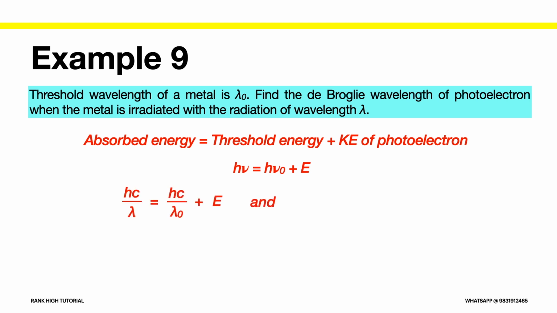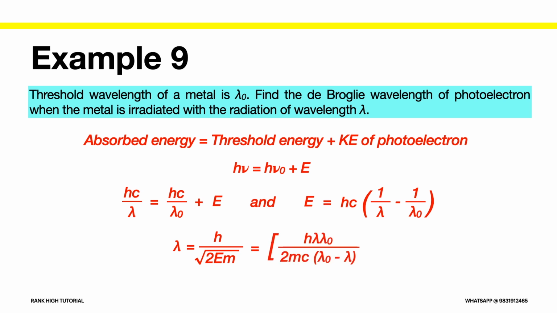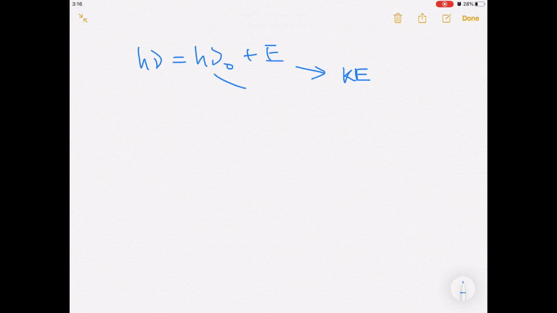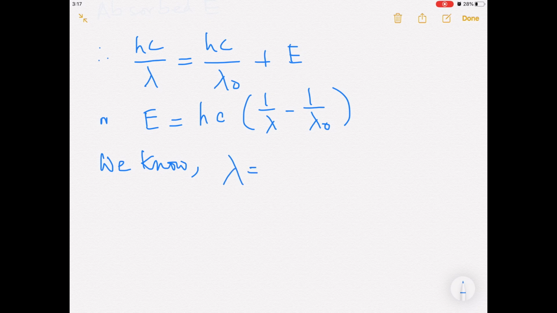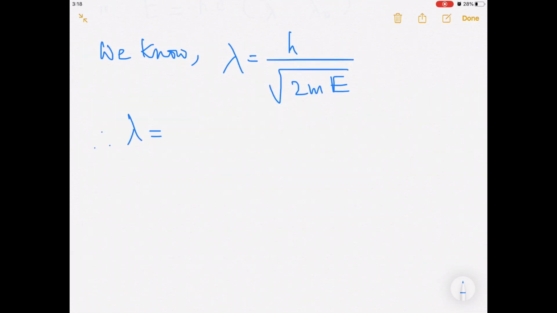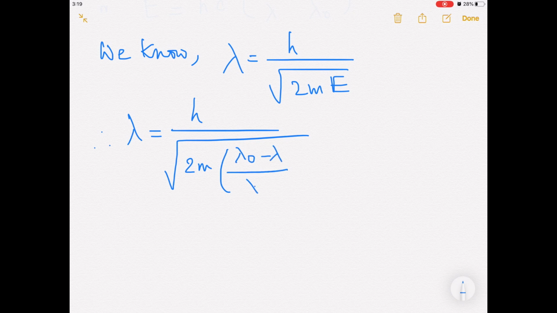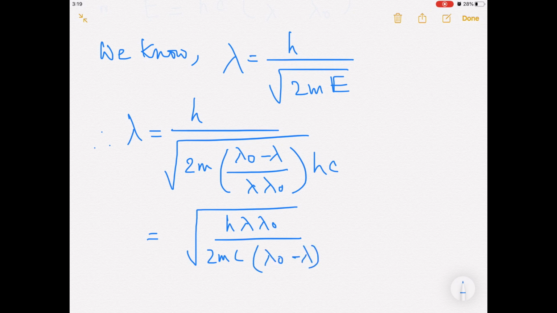That is h nu = h nu0 + E. After rearranging and putting the value of nu, we get hc/lambda = hc/lambda0 + E. From this equation, we get the value of energy, that is E = hc(1/lambda - 1/lambda0). If we put the value of kinetic energy into the de Broglie equation, lambda = h/sqrt(2mE), we will get sqrt(h lambda0/(2mc(lambda0 - lambda))).